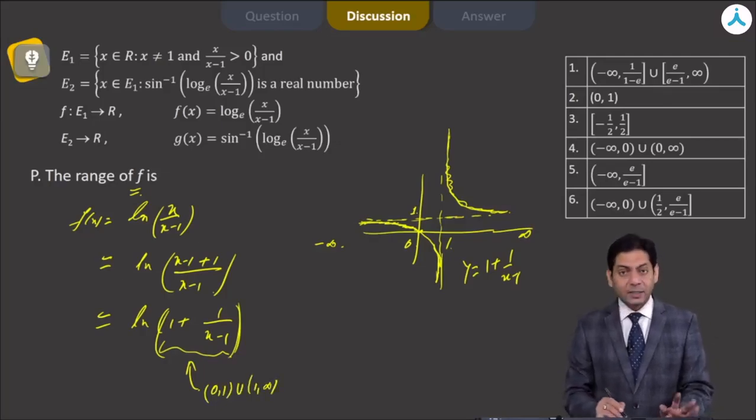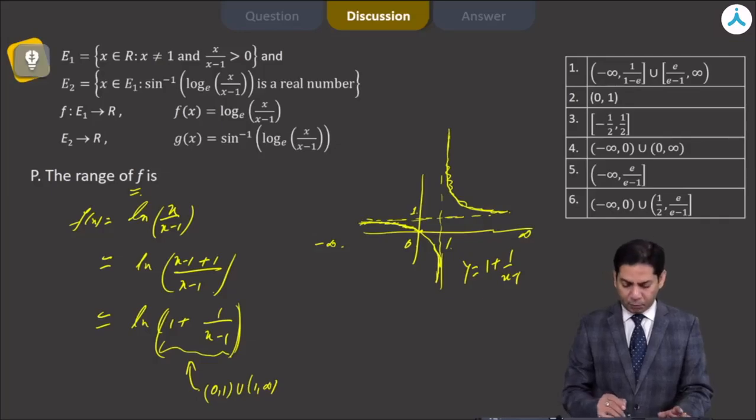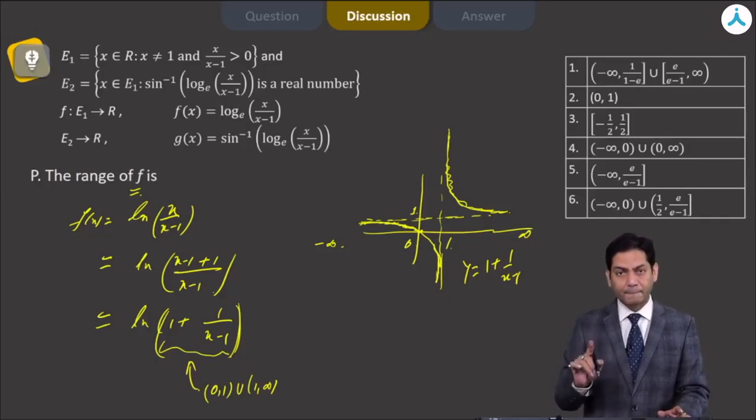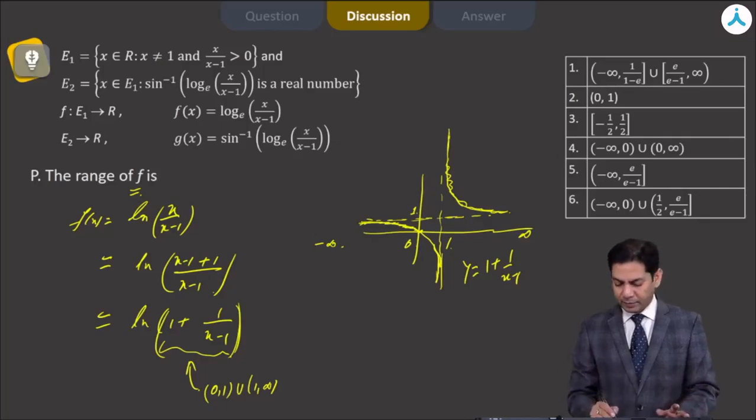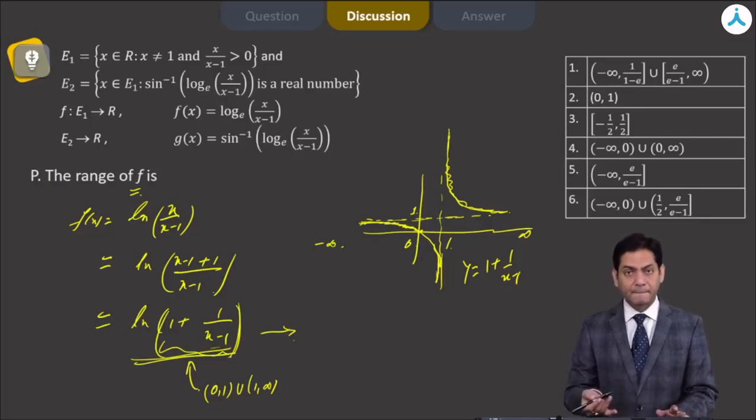That means inside the log expression, we are able to get all the inputs varying from 0 to infinity except for 1. And corresponding to that, log 1, that is 0, that value will be missing, otherwise its range will be same as the log function.